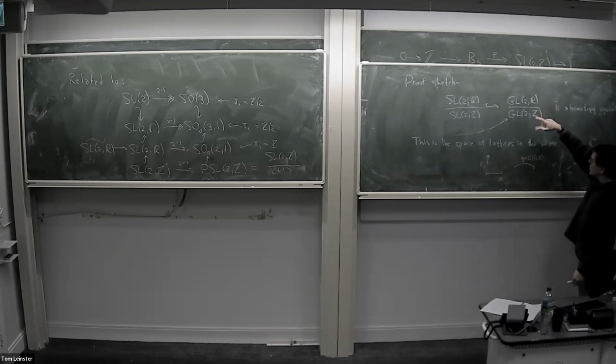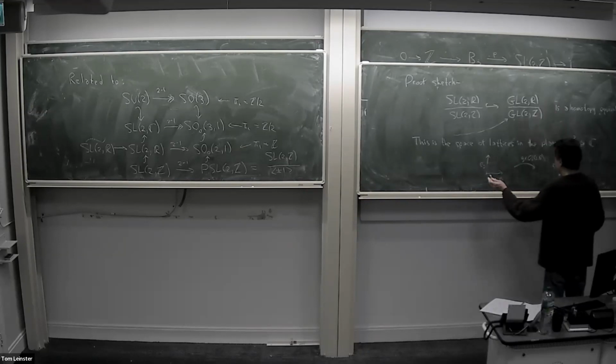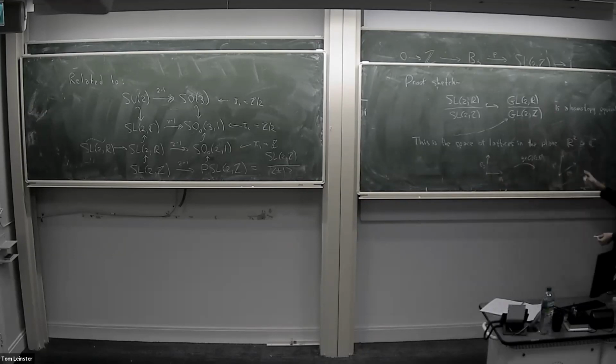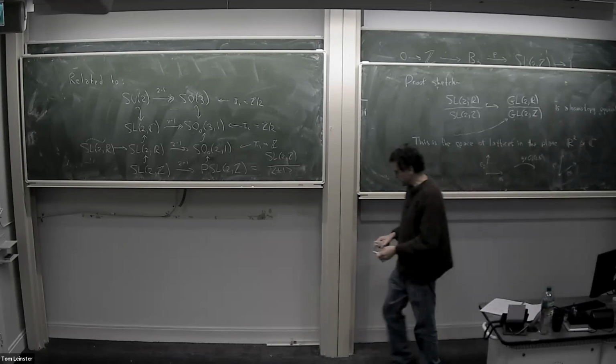So there's a subgroup, namely GL2Z, that is acting in such a way that for any element of GL2Z, we get the same lattice as if we'd used the identity. So this is the space of lattices.